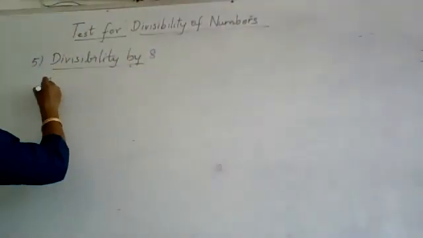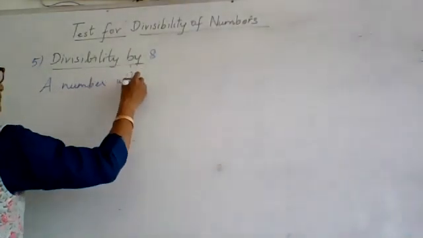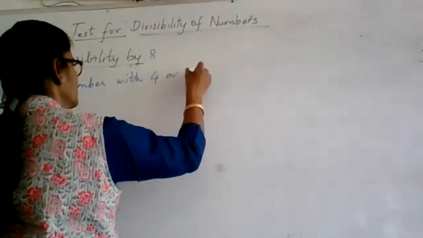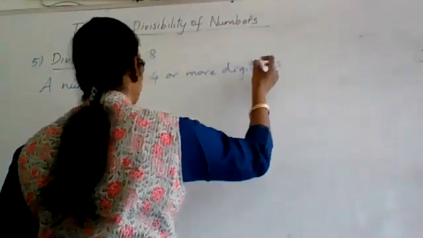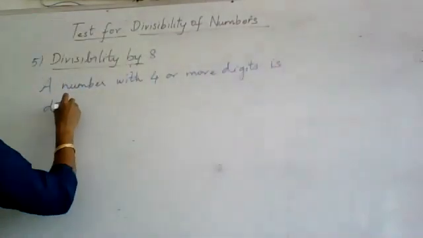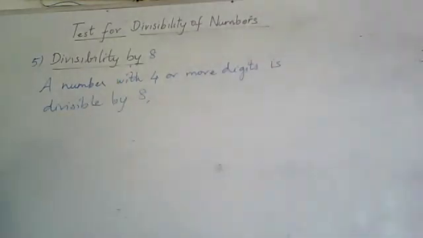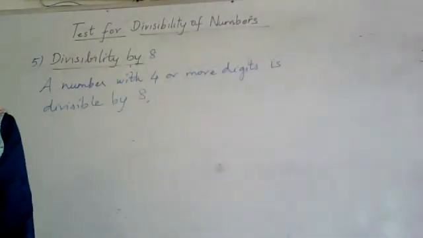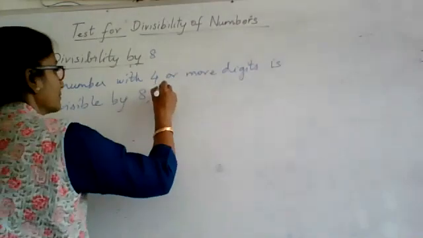So a number with 4 or more digits is divisible by 8 if the number formed by the last 3 digits is divisible by 8.